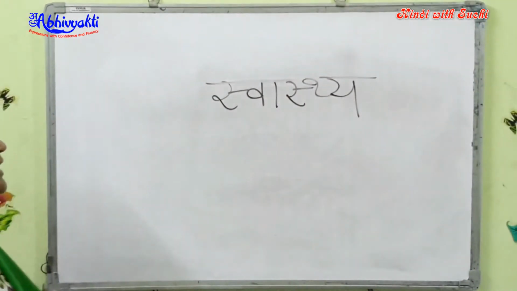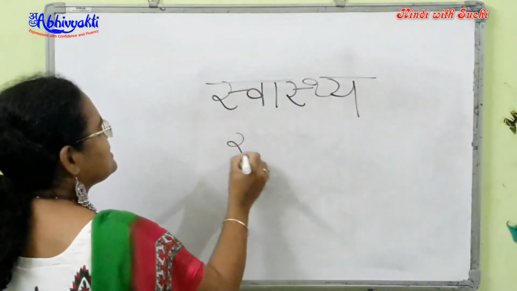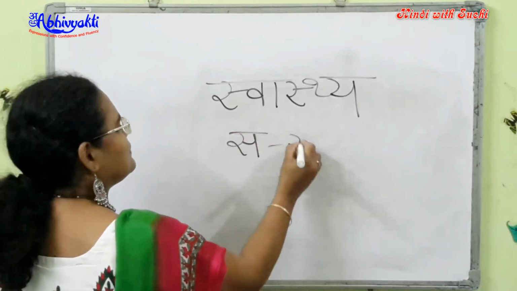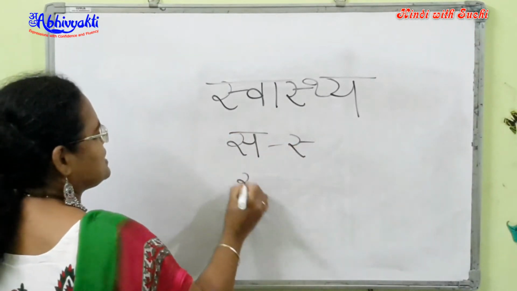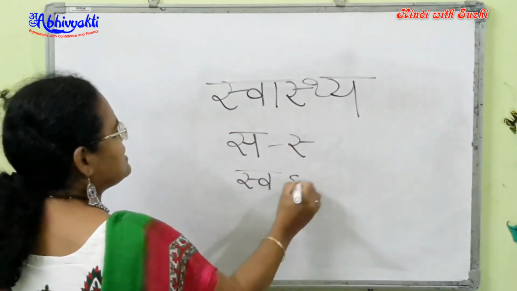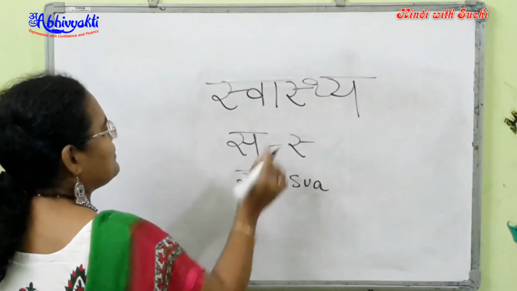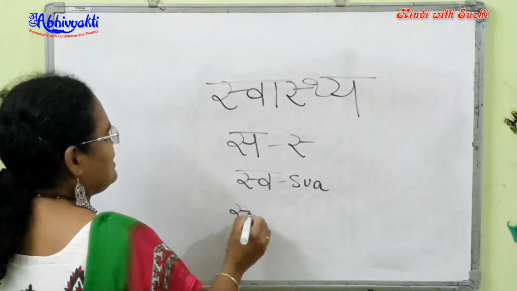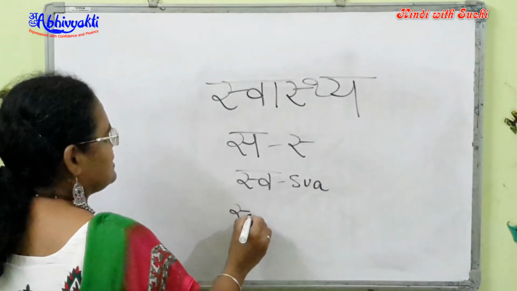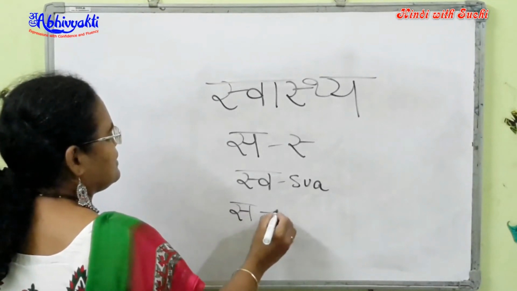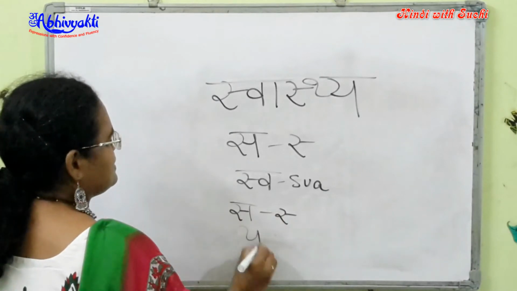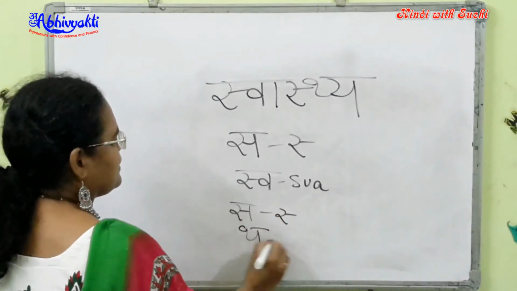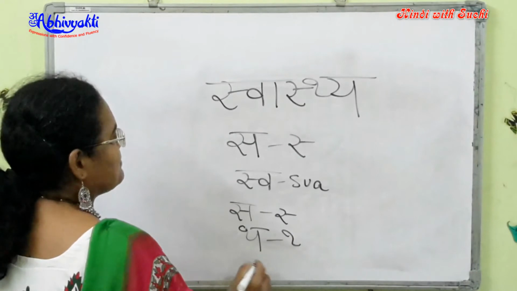Ooh, I have a big one here. So this is sa without the stem. So sa and va gives me swa. But I also have three letters joining there. So I have the sa, I have the tha without the stem.